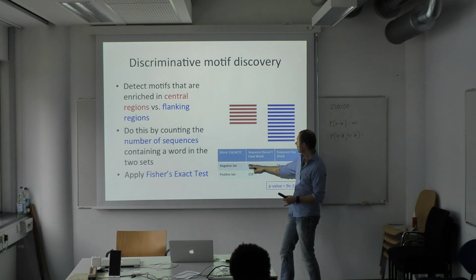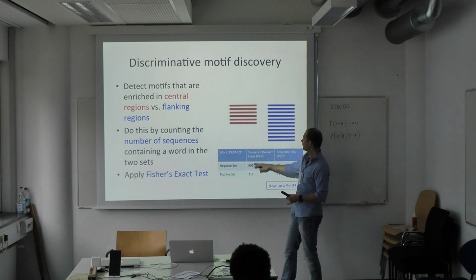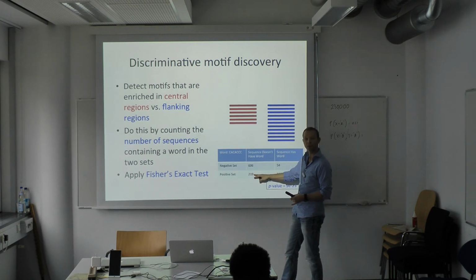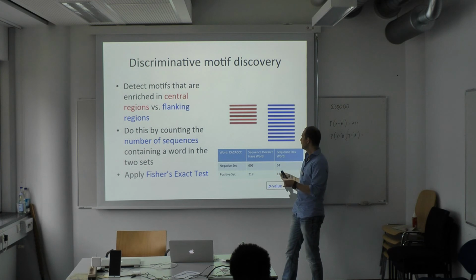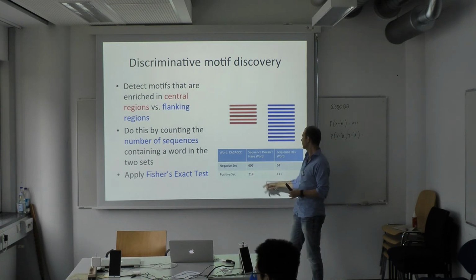So it's a large number of the negative set that don't have the word, and there is a smaller number in the positive set that have that word. Okay, so from that we wouldn't be particularly convinced, I guess, that that word might actually be something that we should be using as part of defining a matched motif.